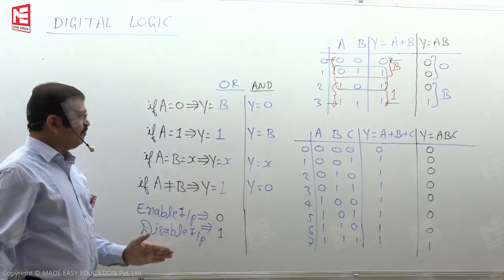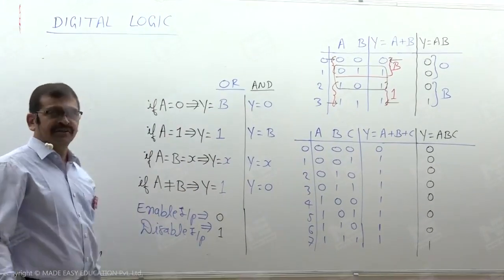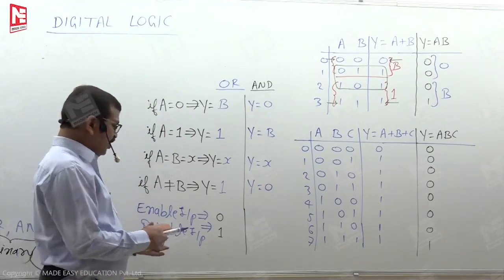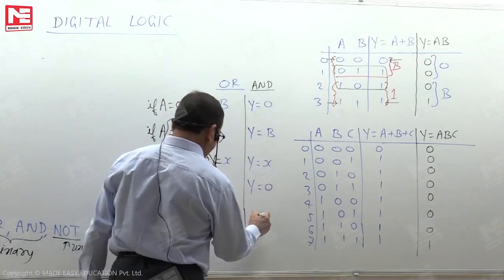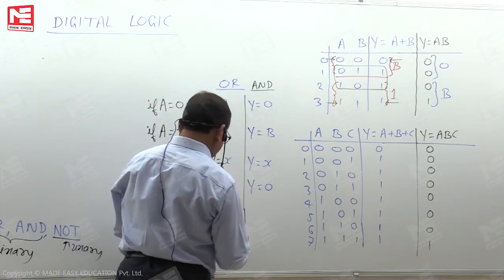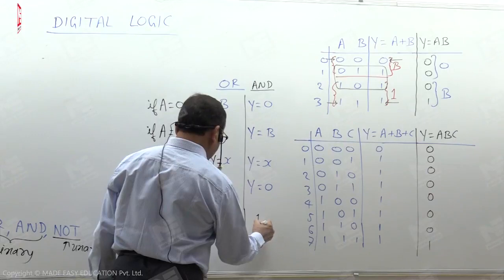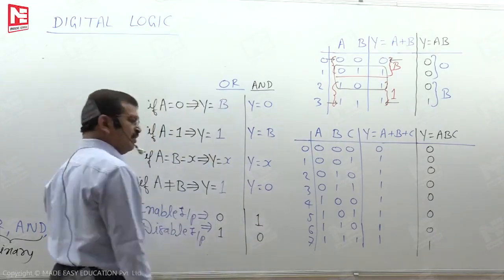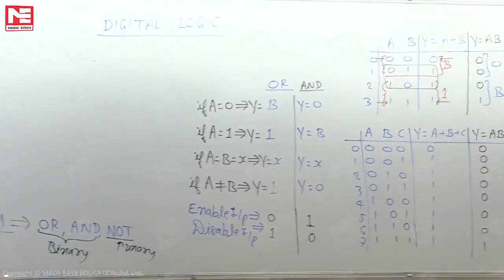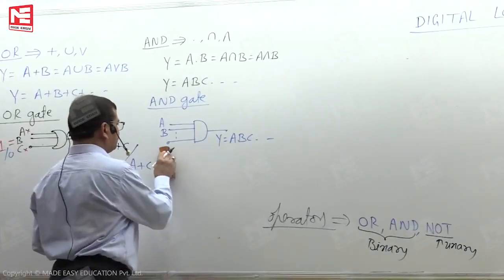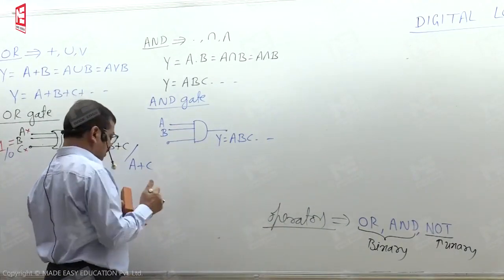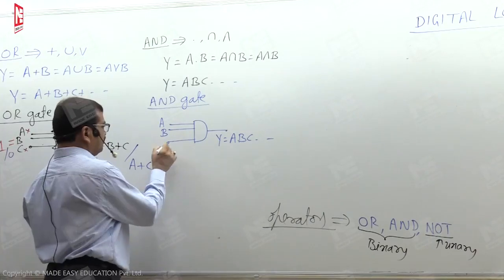Similar to the OR gate, if you identify the enable and disable inputs, the enable input for the AND gate is 1. The disable input will be 0. Same way as what we said on the OR gate, you can look here also.